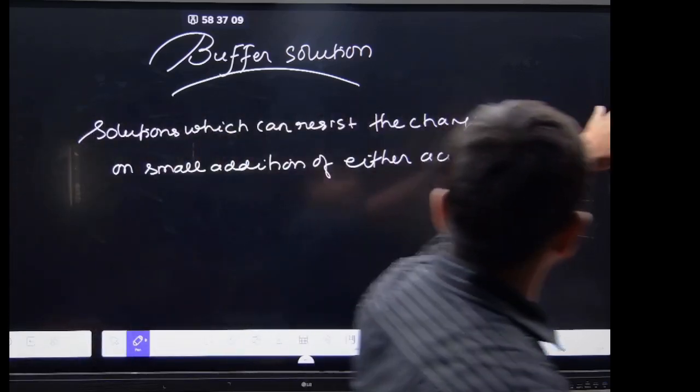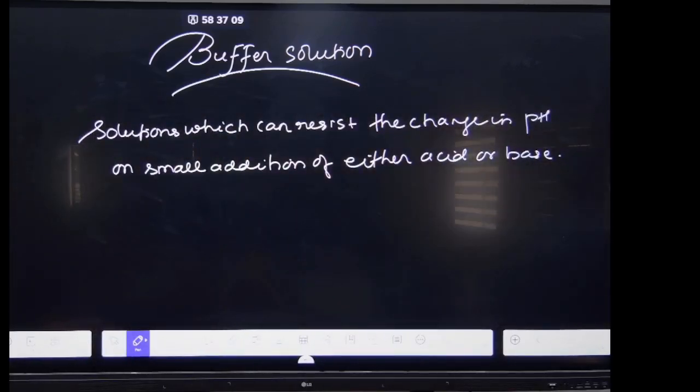The solution which can resist the change in pH on a small addition of either acid or base, that is known as a buffer solution.